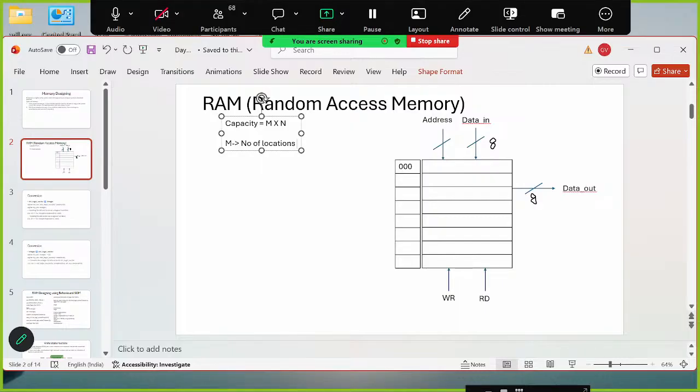Okay, number of registers or locations. This is memory capacity, right?